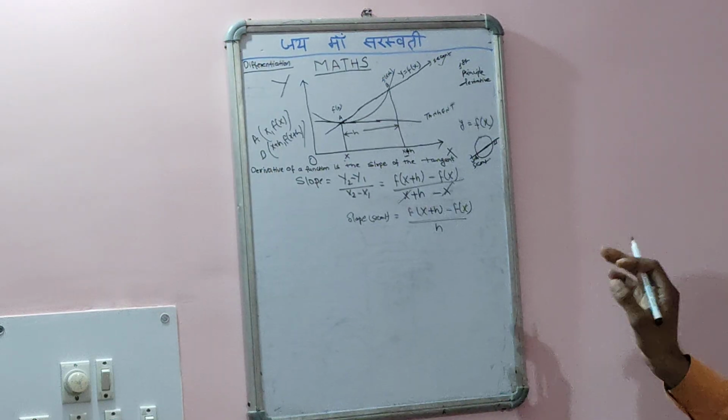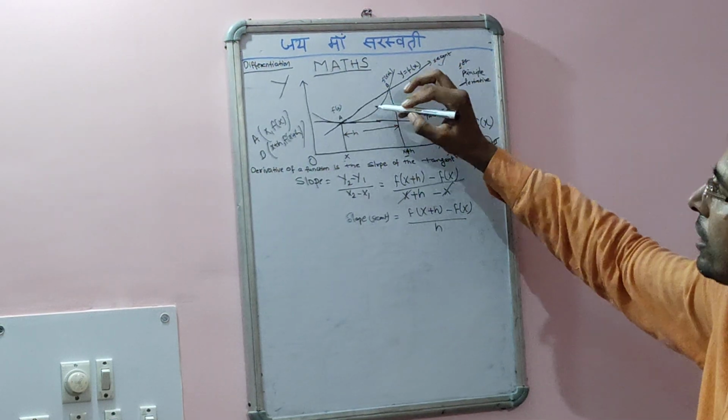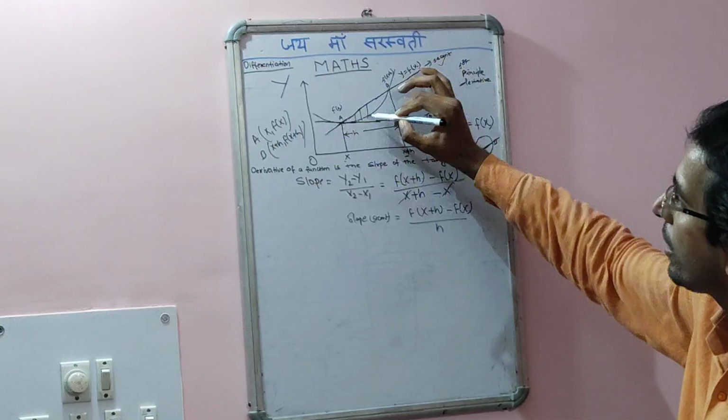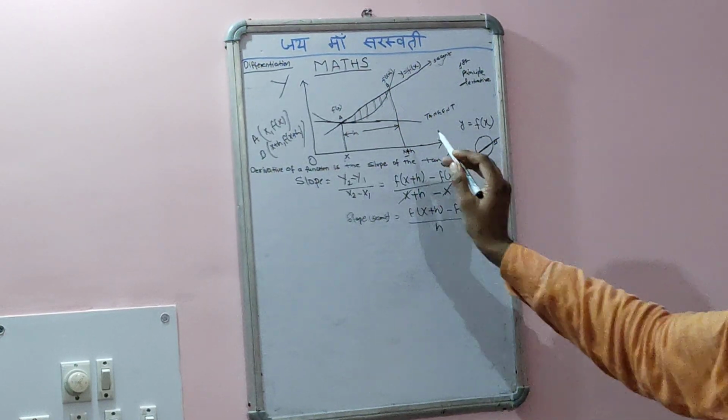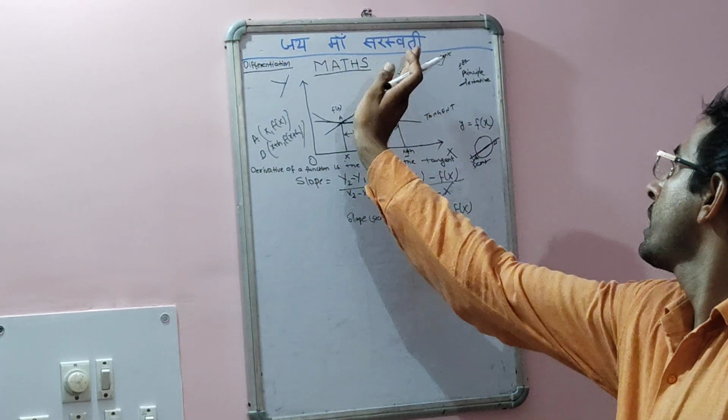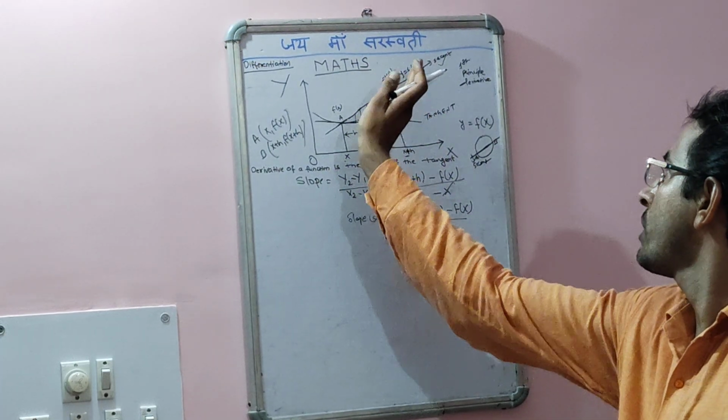If we look carefully at this portion and decrease this particular distance, this secant goes closer to the tangent.